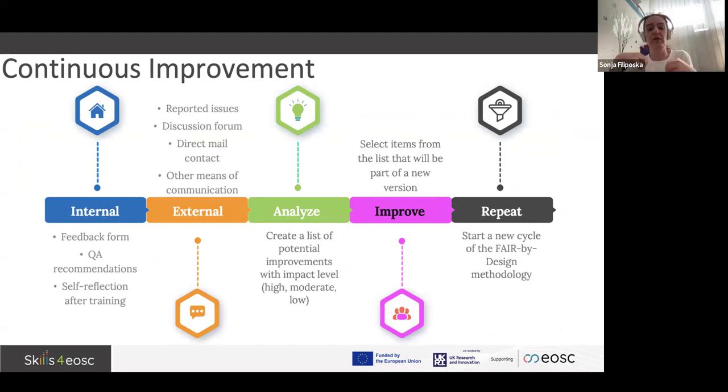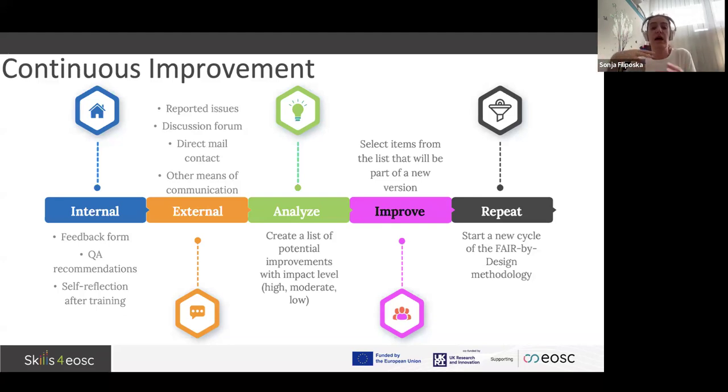So use the feedback you got from the learners. Use the recommendations from the external quality assessment. Use your self-reflection while you were doing the materials, while you were doing a training with these learning materials. Get external input like discussion forum, direct mail contact, reported issues, anything.